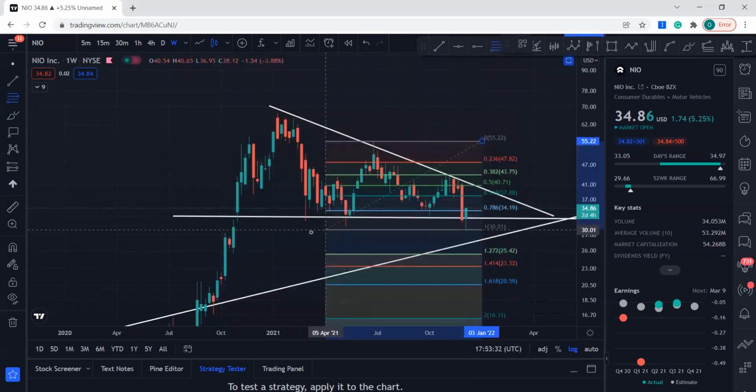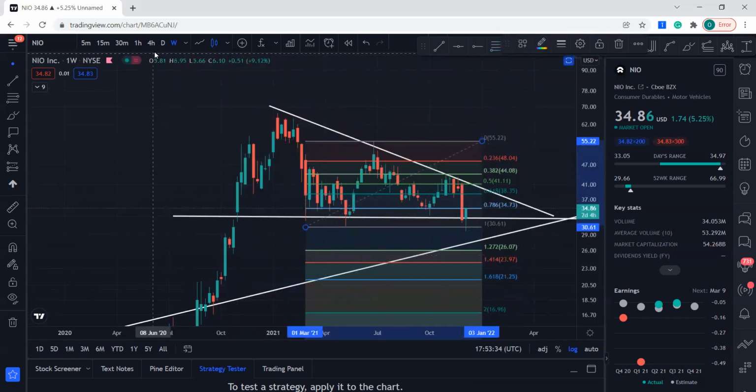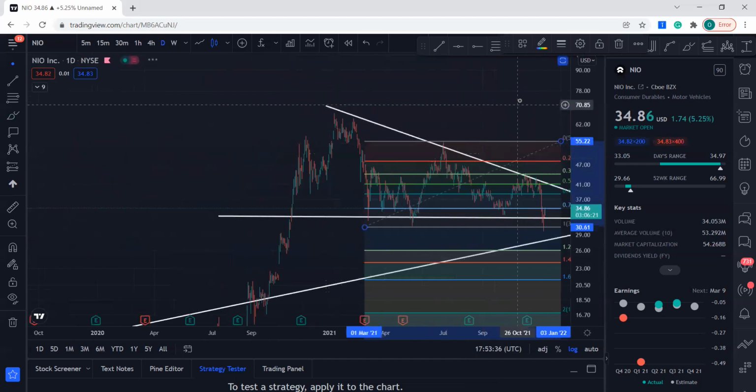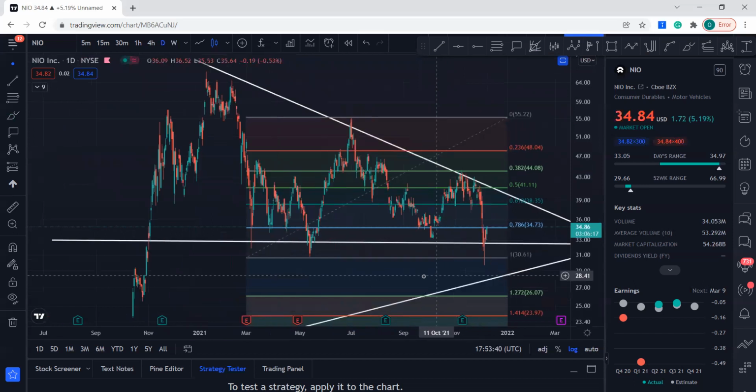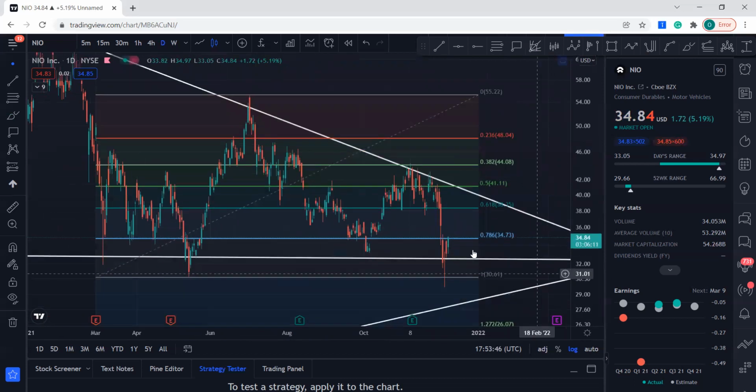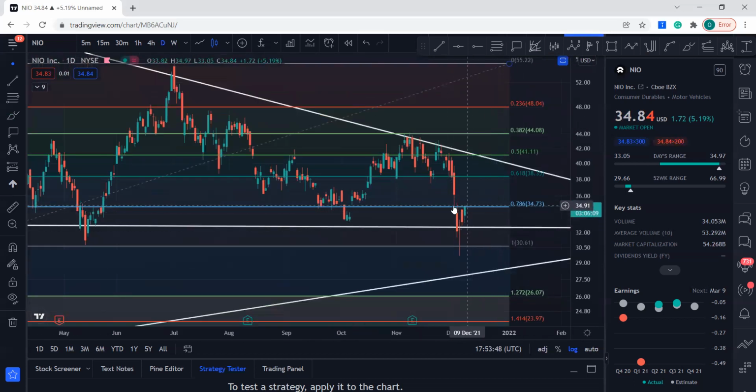Now if you come over here and check this on the daily time frame, NIO is having a hard time. If you measure this move, breaking the 0.786, it has wicked a little above it, but it's getting some resistance from here. So if we break the 0.786 level, you know where NIO is going: the 0.618 level, which is at 38.33.